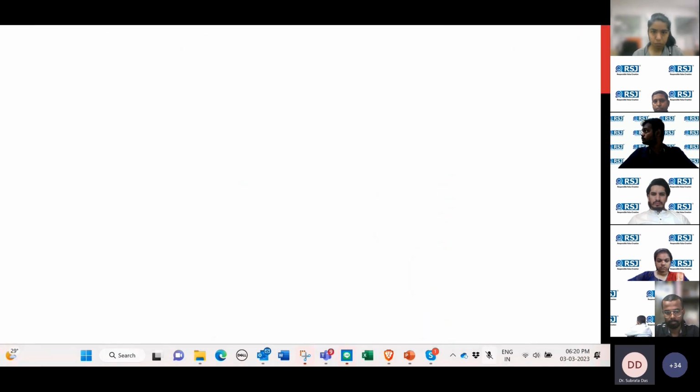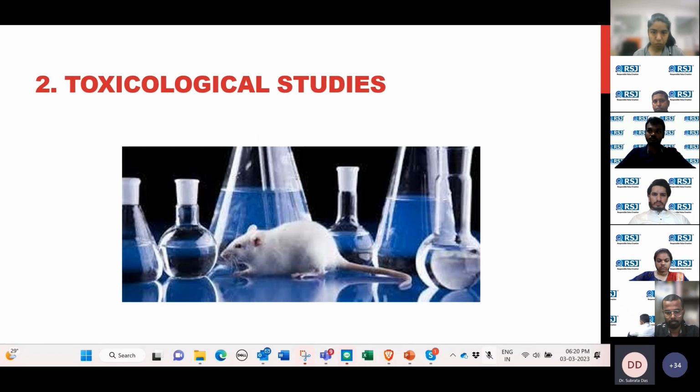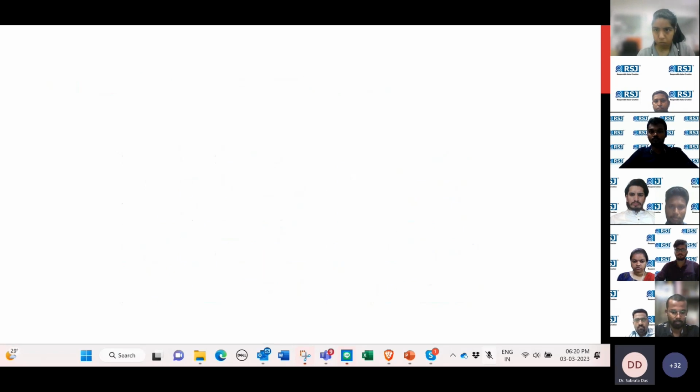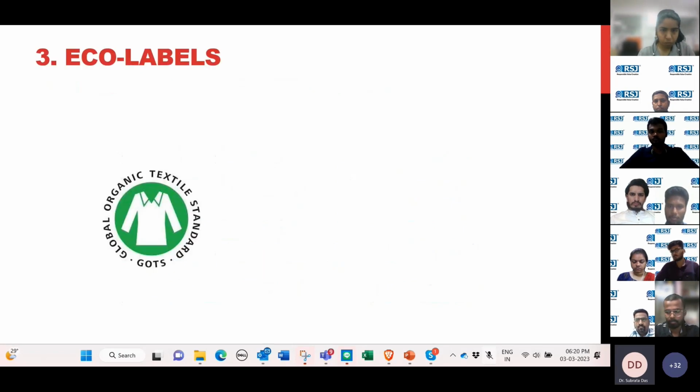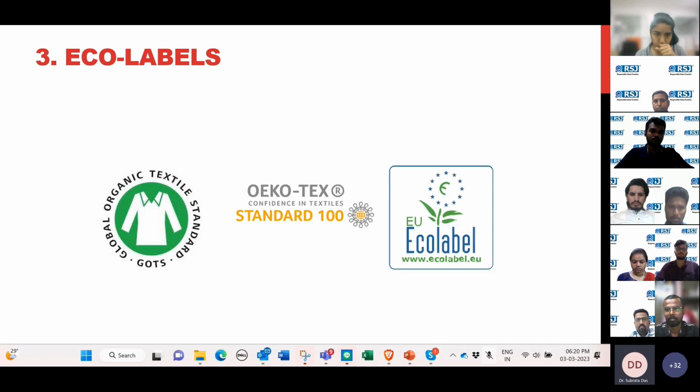Legislation is very, very important here. The second important criterion is toxicological studies, that is, aquatic toxicity, or what effect it has on human beings. Those kinds of studies are called toxicological studies: how toxic it is to the environment or human health. Those are taken into account in this category.